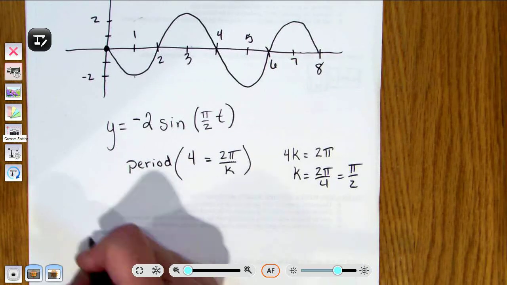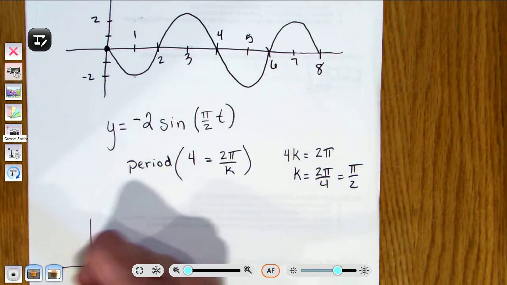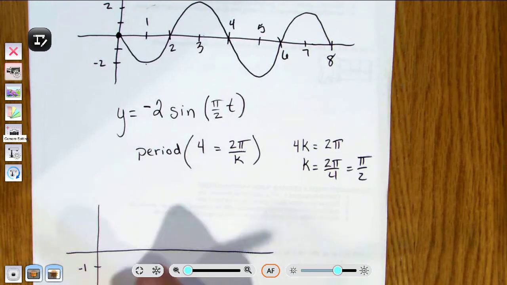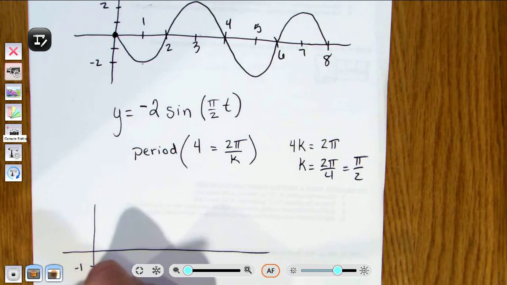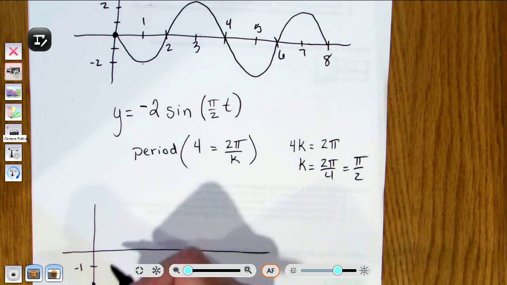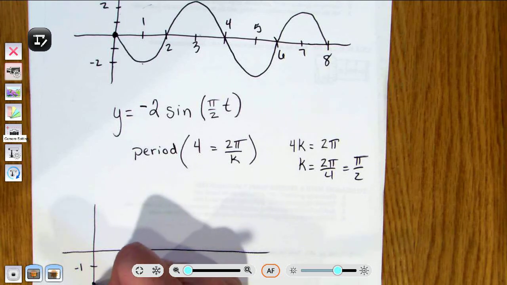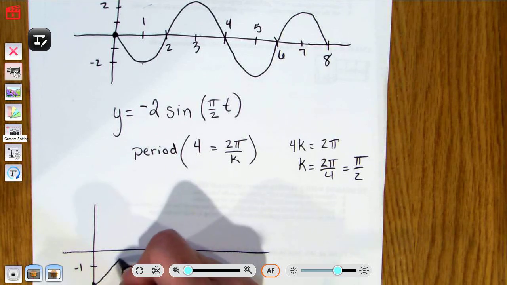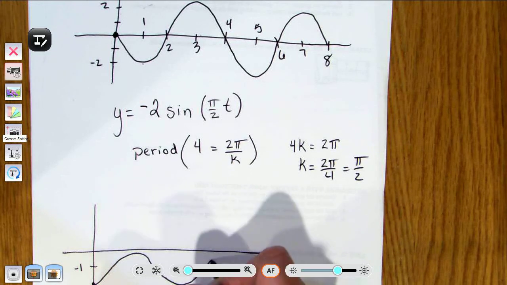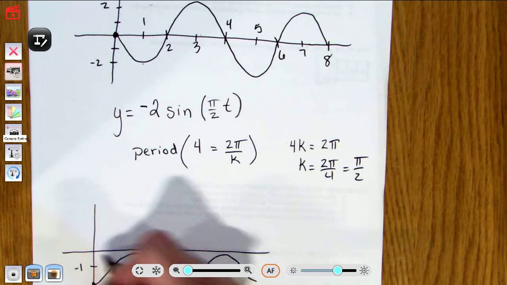Okay, here's another one. Let's see if I can draw it here. This is really bad. Okay, this goes up to a half.